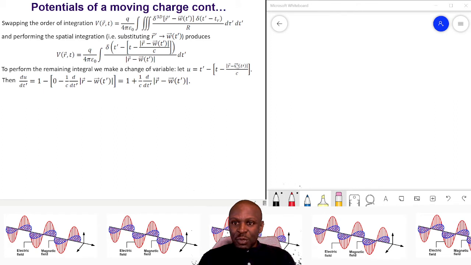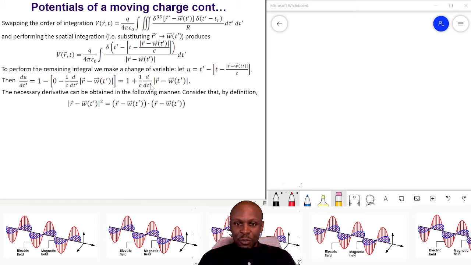And then you differentiate this, it is just going to be 1 over c, you use the chain rule, you differentiate also this magnitude there. Right, therefore this is just going to be 1 minus 0, and then this is what you are going to have for that. Now, what is the result for this?